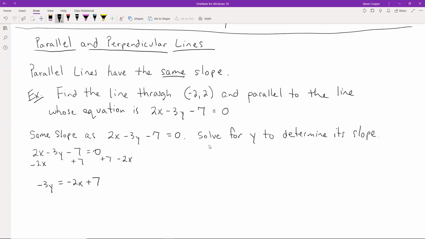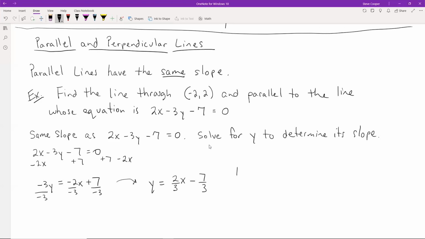Okay. Now all I need is the slope. So now I'm going to divide by negative 3 everywhere. And that gives me y equals negative 2 over negative 3 becomes positive 2/3 x minus 7/3.